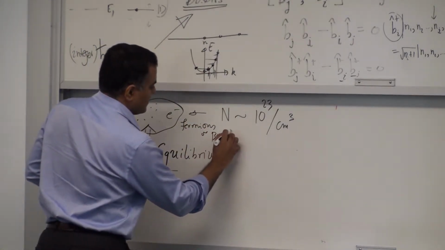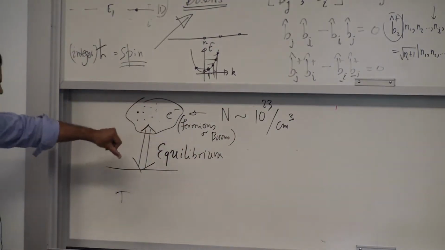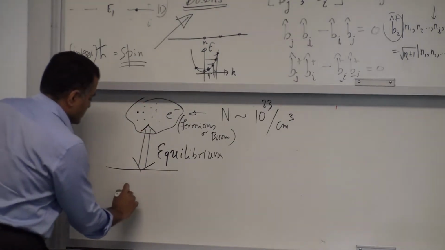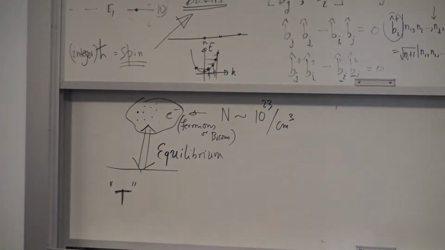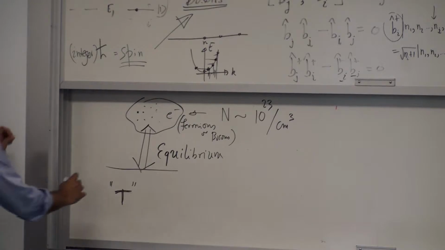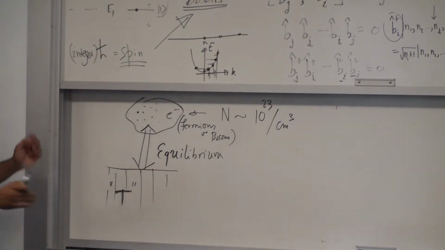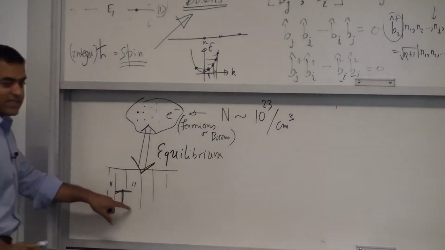And this collection of fermions, it could be electrons in a semiconductor solid or a metal, is in equilibrium with a system that has a temperature T. And temperature is not a quantum mechanical concept. Temperature is a thermodynamic concept. So this is a thermodynamic idea, where, crudely speaking, it is a classical concept.